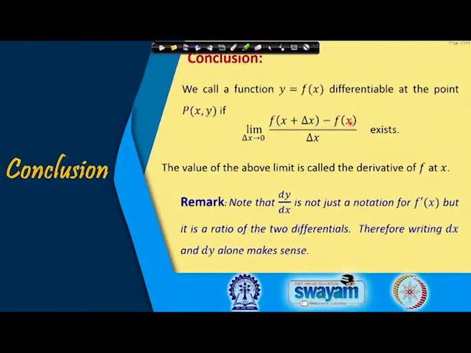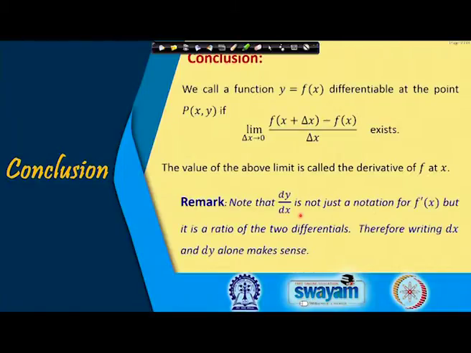What we also realize now, introducing the differential dy equal to f prime dx, is that this is not just a notation for f prime, but the ratio of the two differentials, because dy was f prime into dx, makes sense.